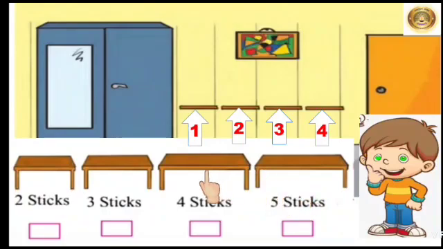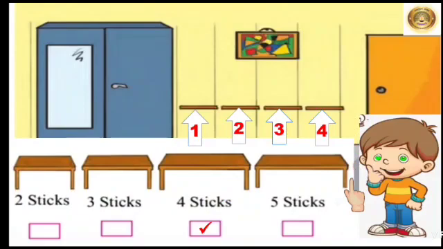Yes, the third one, because these two are very small for his room and the fourth table is a little bigger than the space in his room, and this third table will fit his room properly.